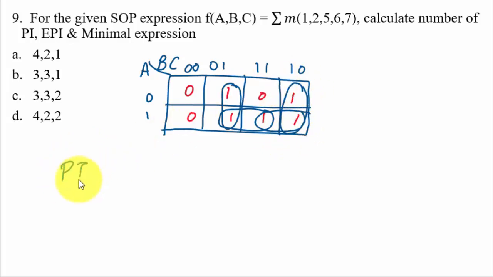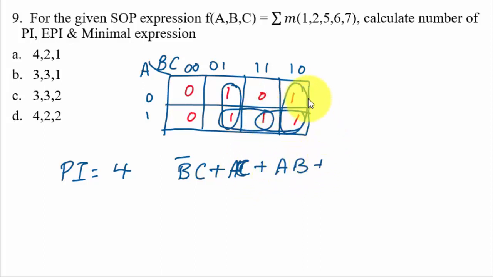So how many prime implicants are there? There are 4 prime implicants. So what is the value? It is B bar C plus, what is this value? It is A times C plus, what is this value? It is A times B plus, what is this value? It is B times C bar.